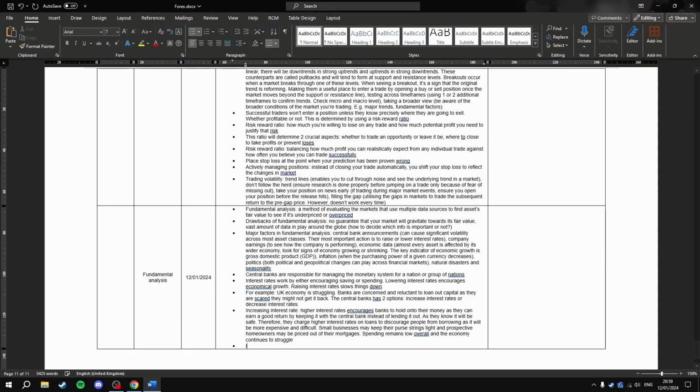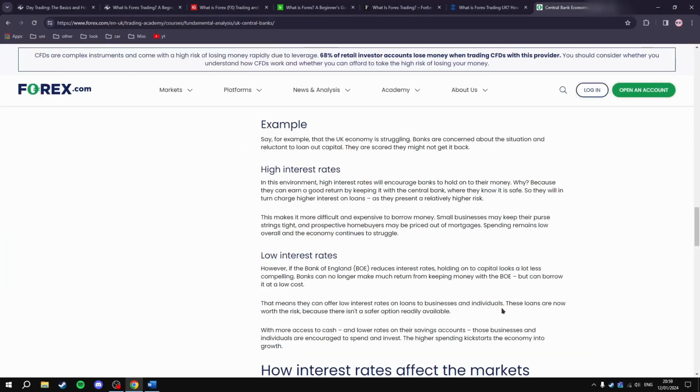Low interest rates, so decreasing interest rates. However, if the Bank of England reduces interest rates, holding onto capital looks a lot less compelling.